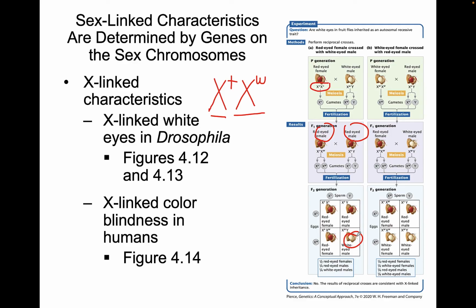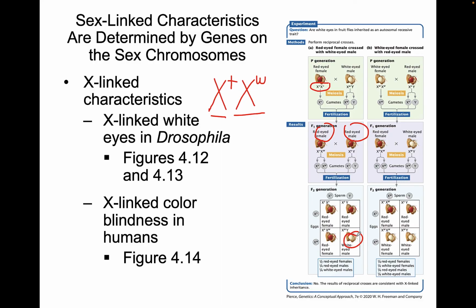Because eye color is on the X chromosome, males cannot be homozygous or heterozygous, but they are said to be hemizygous. Hemi meaning half, because they don't have 2 X chromosomes. So they don't have the ability to be homozygous, meaning having 2, and they don't have the ability to be heterozygous because they technically don't have 2 X chromosomes.